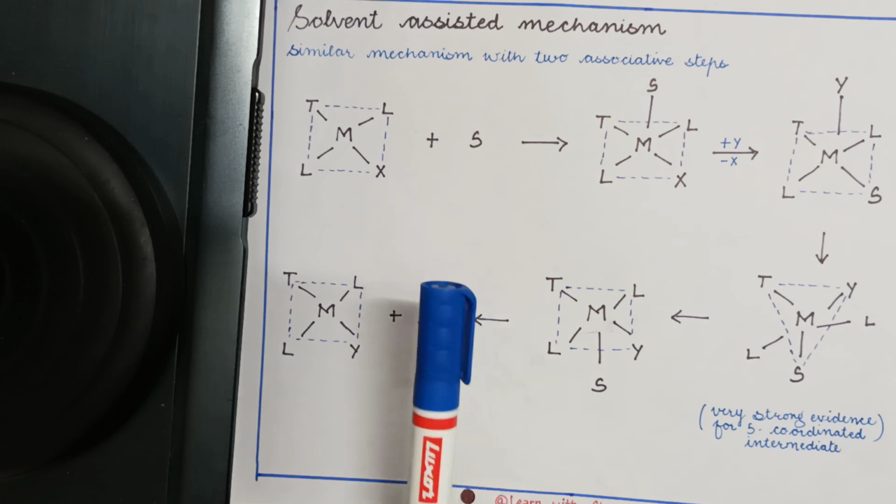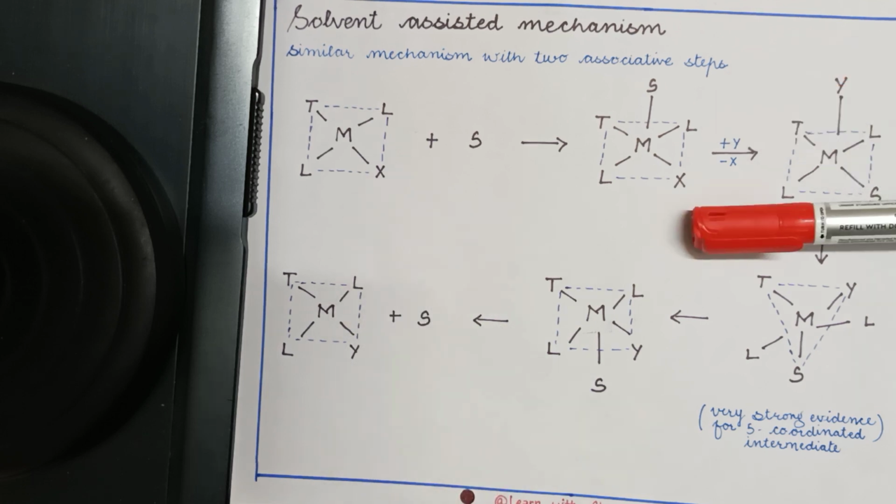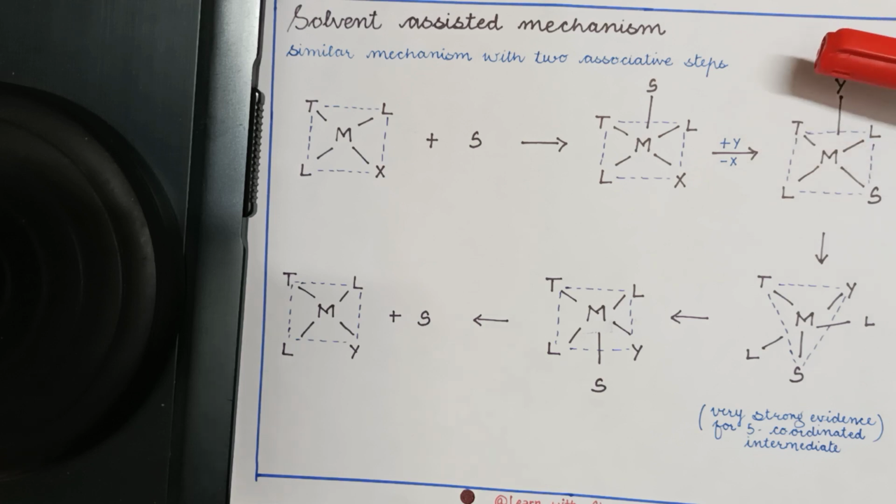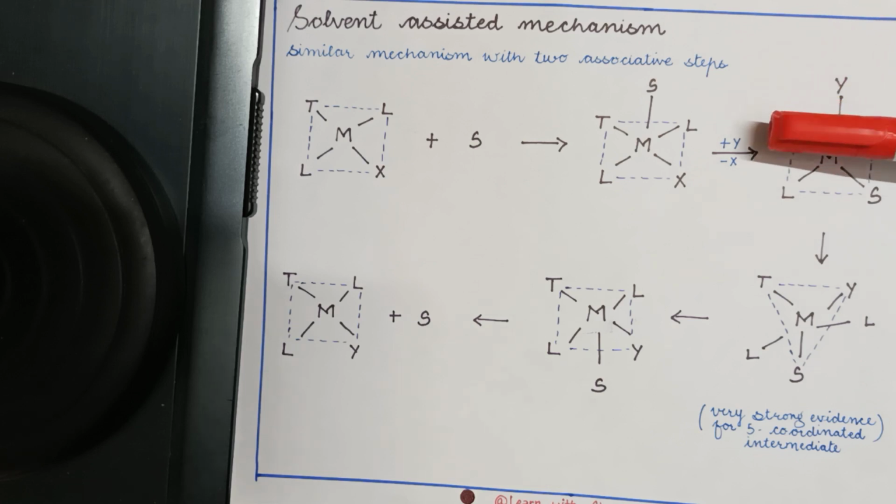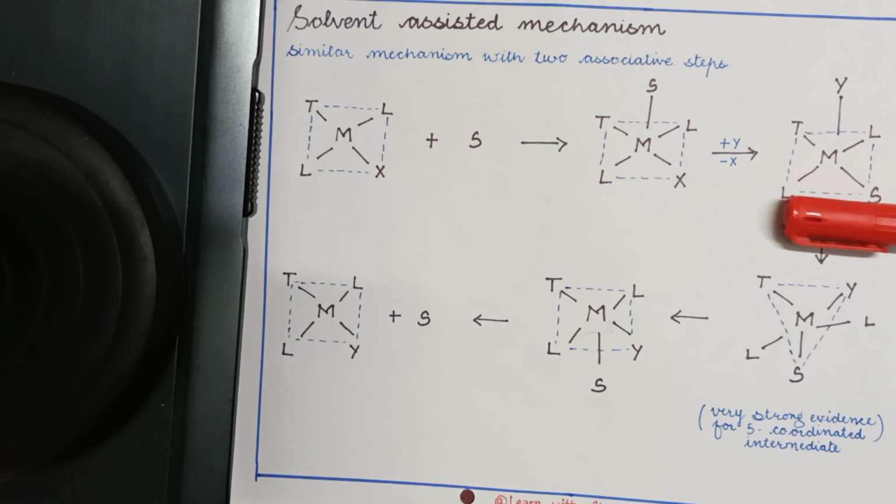Now it forms a square pyramidal geometry. Now in the second step the substituent is added on, which is Y. What happens is in the very second step the X gets detached, and the solvent takes the place of X over here through rearrangement, and Y gets attached to the complex right there.